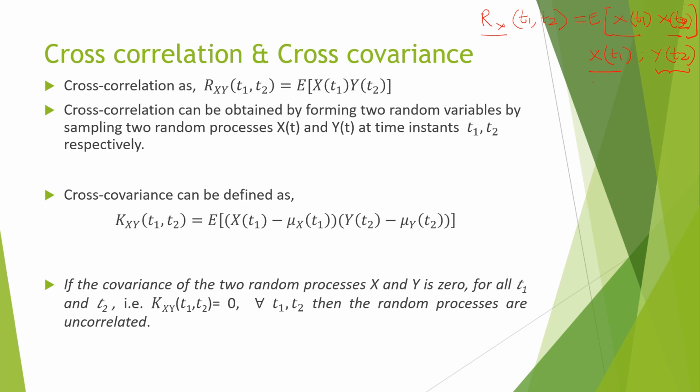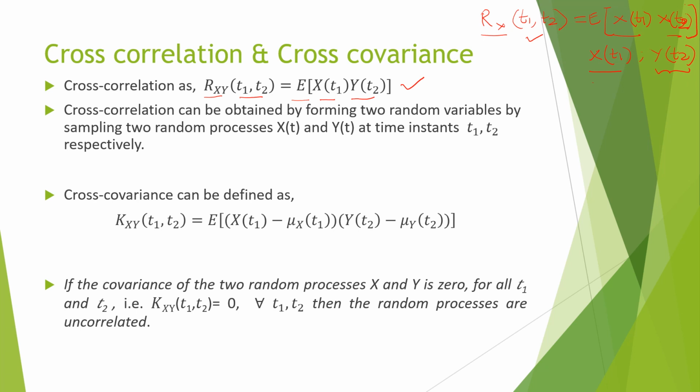Now the cross correlation is denoted as Rxy(t1, t2). Here x and y represent two different random processes. So Rxy(t1, t2) is equal to the expectation of x(t1) and y(t2). This is the difference between cross correlation and autocorrelation.